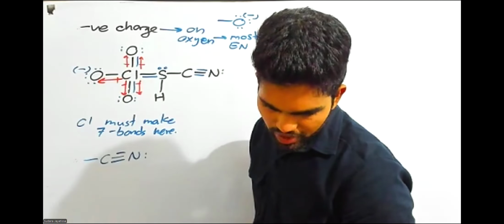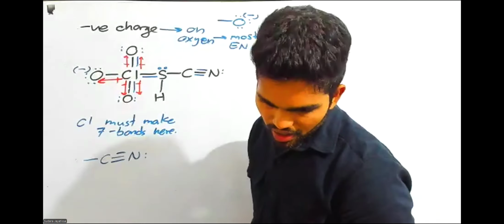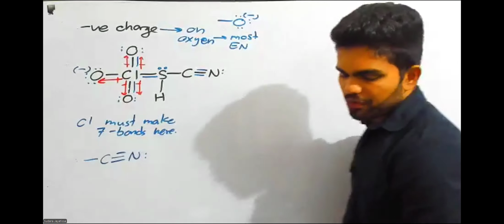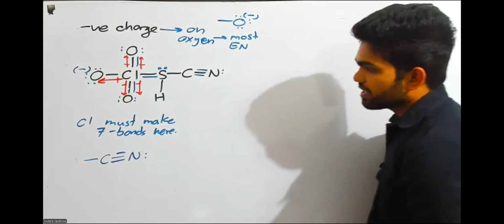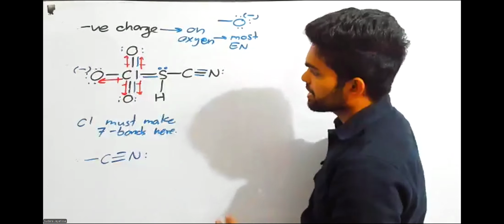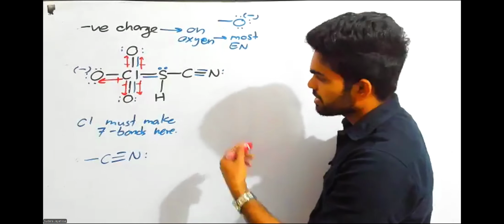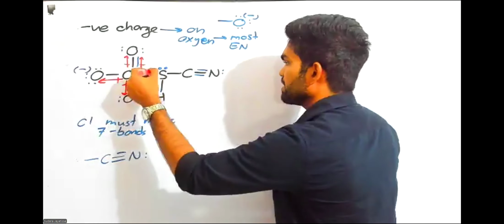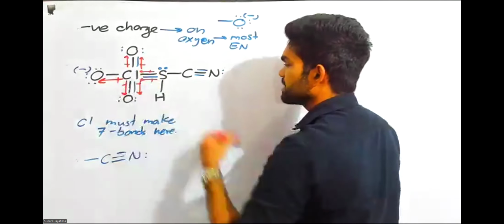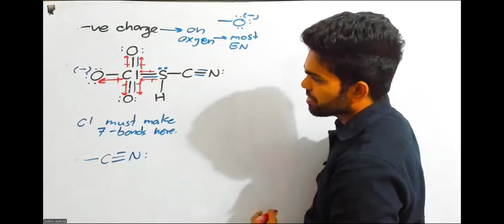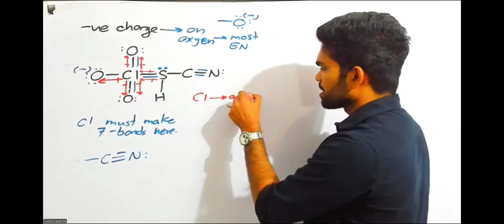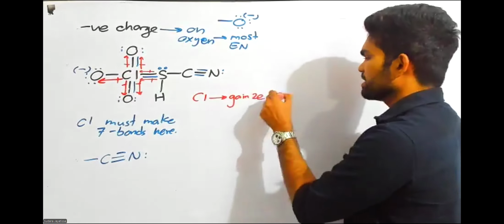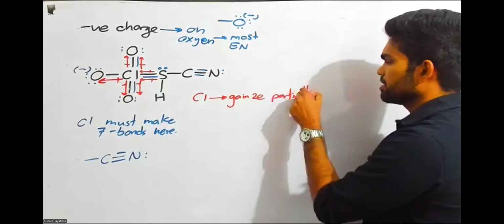If you consider between chlorine and sulfur, what is more electronegative? It is chlorine. So chlorine will accept partially 2 electrons from sulfur. Now, if you consider chlorine, it has gained 2 electrons partially.